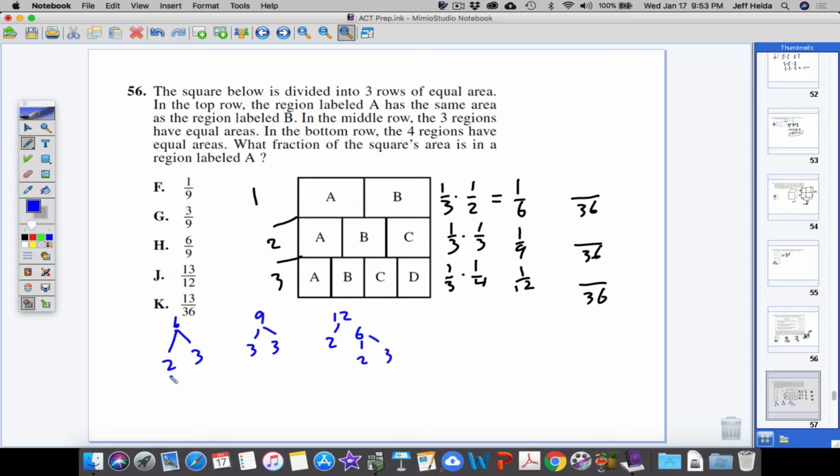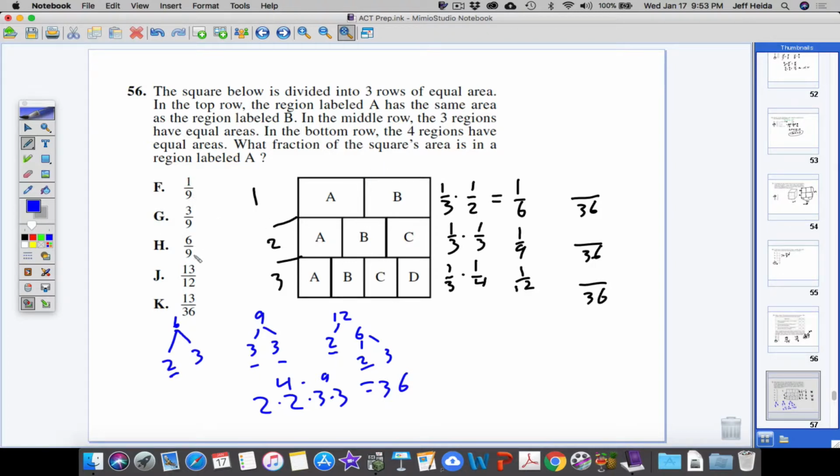So you have to have two 2's, 2 times 2. You have to have two 3's, 3 times 3. 2 times 2 is 4, 3 times 3 is 9, 4 times 9 is 36. So I use prime factorization to find the least common denominator.